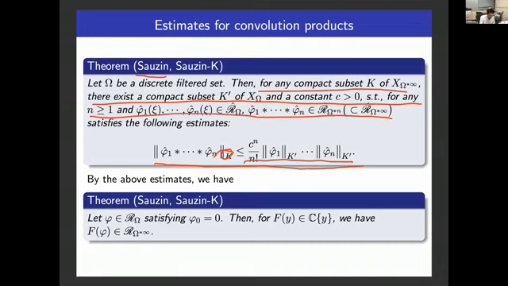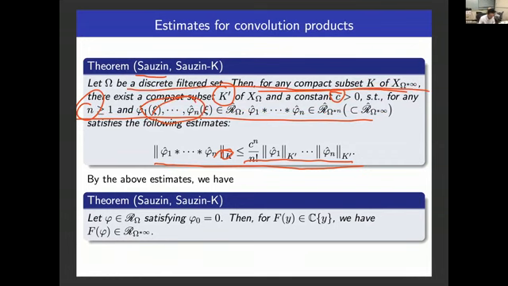If we first fix a compact subset K, then we can take a compact subset K′ and a constant C independently of the natural number n and the functions φ̂1 to φ̂n.